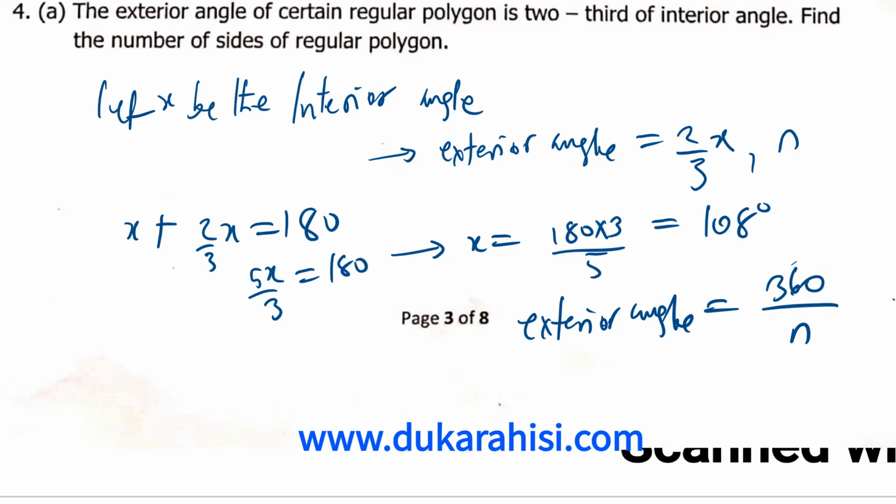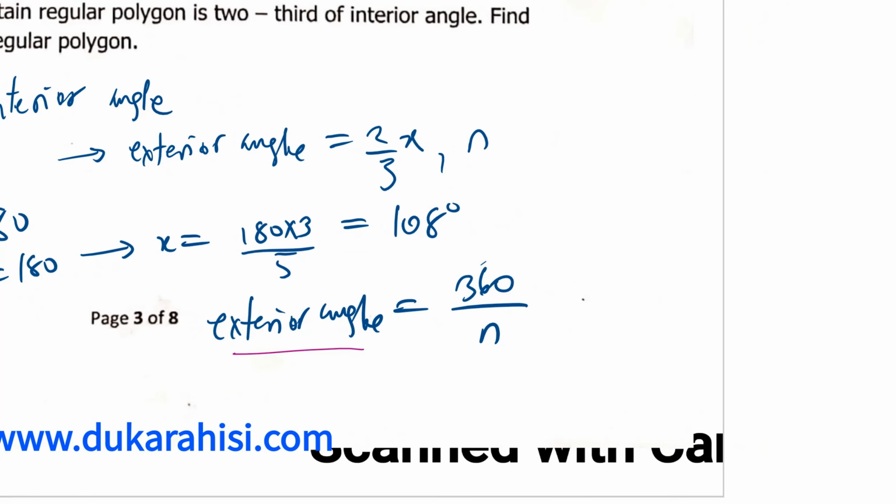This is one of the formulas you can use. So the exterior angle is 2/3 times x, which is 108, equals 360/n.